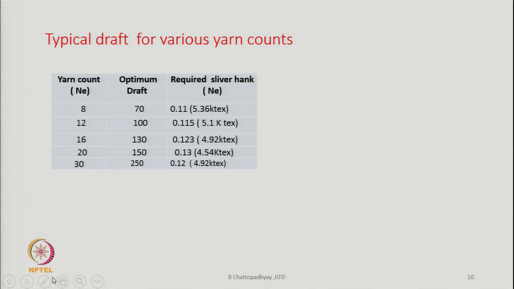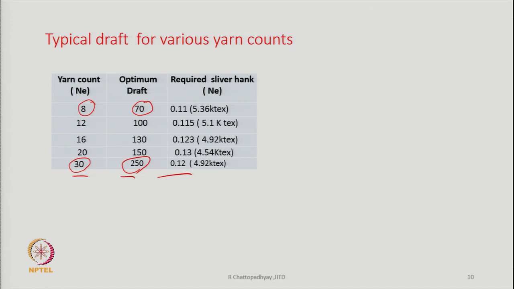Now, typically the draft for various yarn counts, the typical values are quoted. These can be practiced, that is what we see here. If the count becomes finer, the draft becomes high. When the count is coarser, the draft is also low. So, the draft that exists could be 70, it could be 130, 150, it can go up to 250 also.